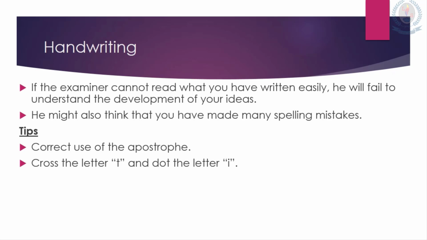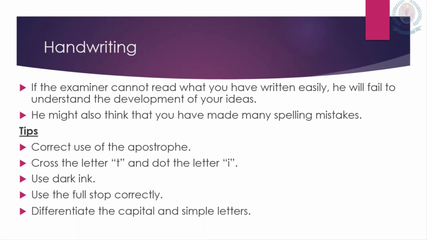You forget to cross the T or dot the I. Use dark ink. This also helps you to write clearly. Use the full stop correctly. Differentiate the capital and simple letters. These are the tips. The last one, writing the letters G, P and Y on the line in the proper way.